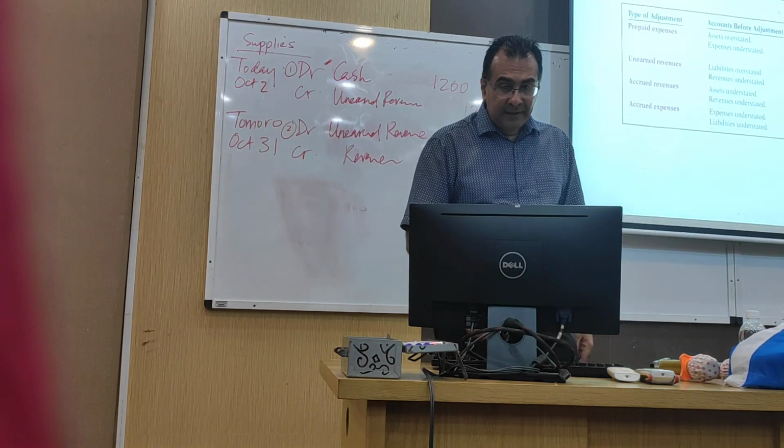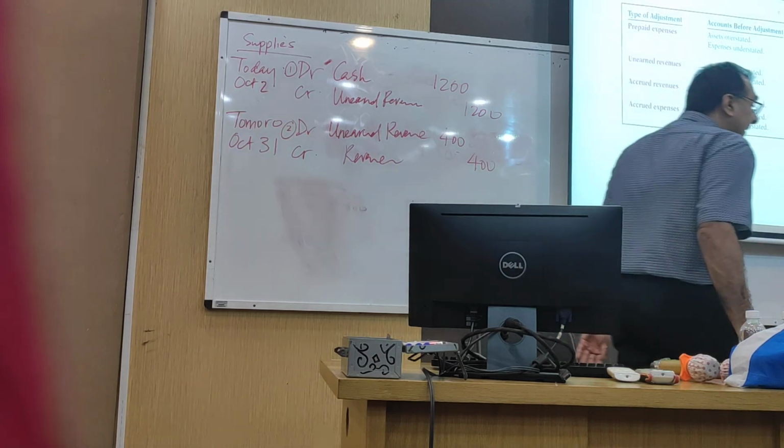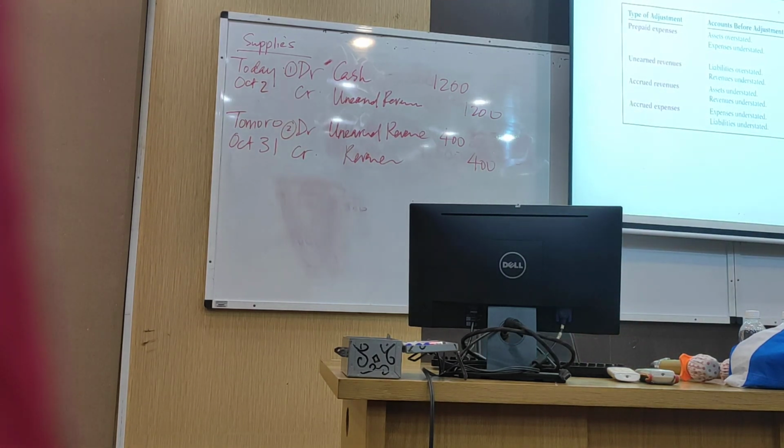So let's look at a summary. Very useful slide. It tells you what you need to know about all the adjusting entries. Remind yourself: when I'm dealing with prepaid expenses, I will be recording an expense tomorrow. When I think of unearned revenues, I know I will be recording a revenue tomorrow.